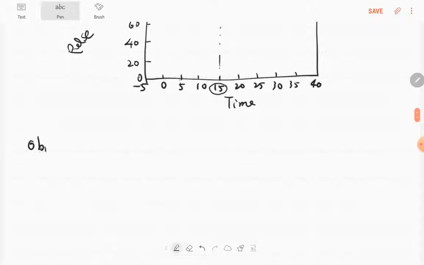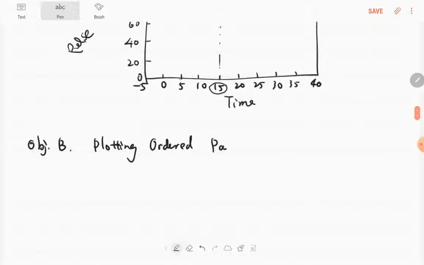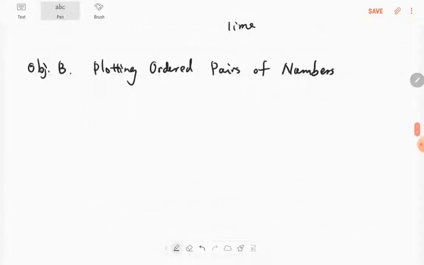So next objective, we will talk about plotting ordered pairs of numbers. So here we just introduce the rectangular coordinate system.